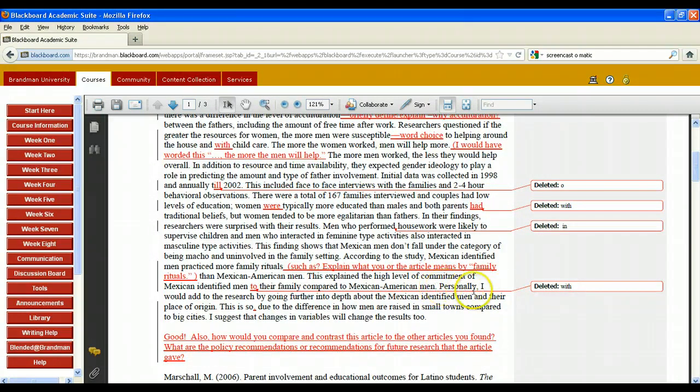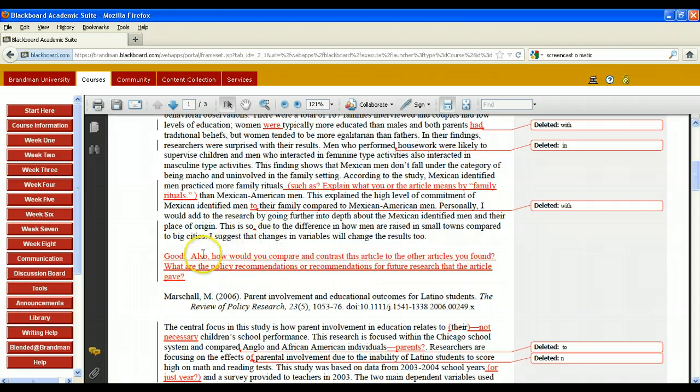Here he ties it into his own research. Personally, I would add to the research by going further into depth about the Mexican-identified men and their place of origin. So this is in relation to his research question. He also suggested changes in variables. And here's something he forgot to do, was question number 5.